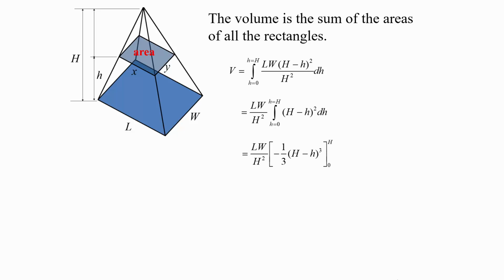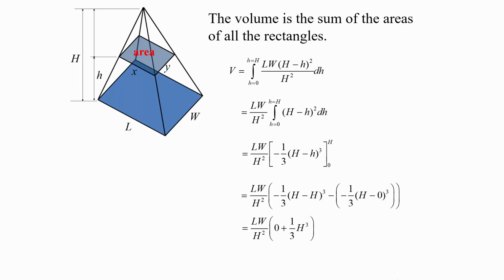And we are, of course, integrating between 0 and H, as shown there at the end of those square brackets. Now what that means, of course, is that we replace variable h with capital H firstly, and then 0. And with a bit of manipulation, simplification, first of all replacing with H, and then 0, and then simplifying some more, we obtain the formula that we started with, which is a third LWH.